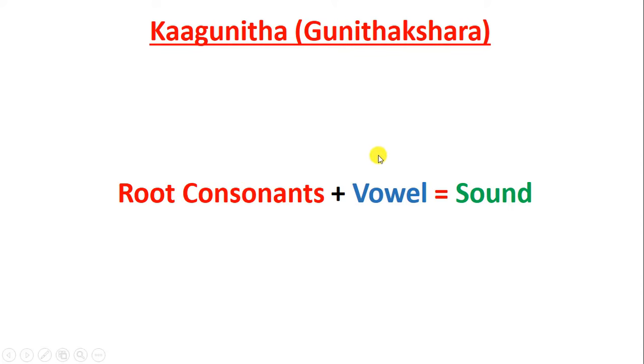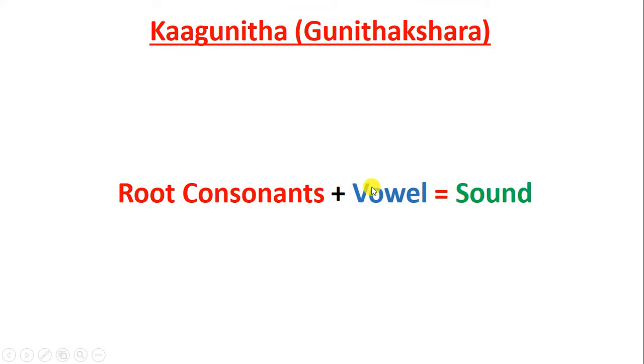When we add a vowel to a root consonant to get a sound, what we are doing is kaagunitha, or it is also called gunitaakshara. Okay, no need to remember this if it confuses you.